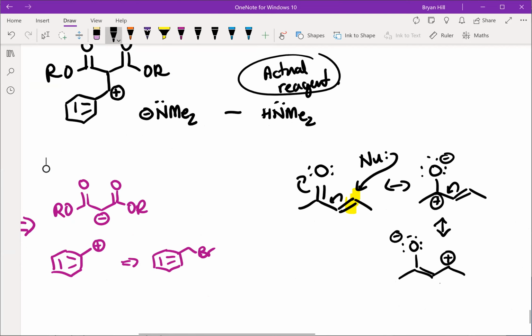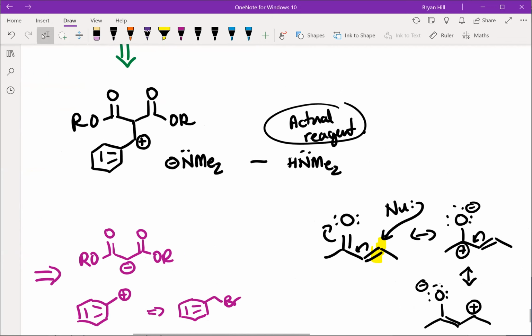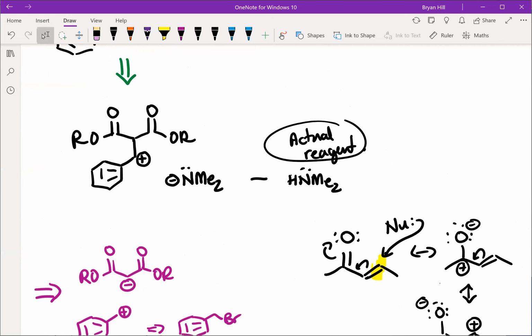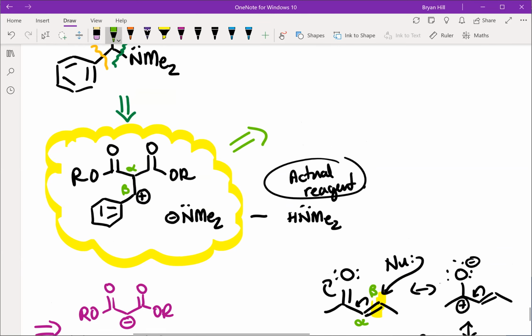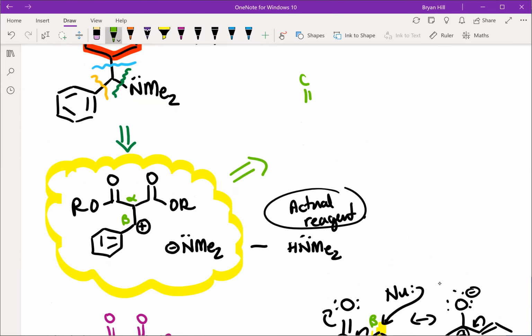So if we go back and we look at this initial disconnection that was made here, you will see alpha carbon, beta carbon, alpha carbon, beta carbon. If we had a double bond between those two components, our starting material could be this.